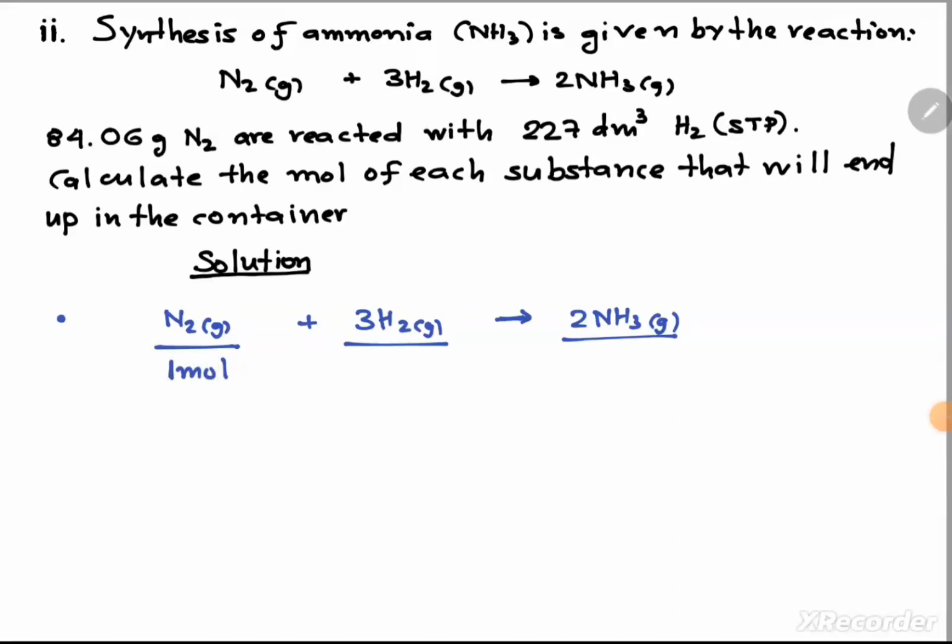1 mole nitrogen, 3 moles hydrogen, 2 moles ammonia. Given the amounts of the two reactants, we have an excess control. So we calculate the moles of each reactant. First, the moles of nitrogen. We need Mr to convert grams to moles.